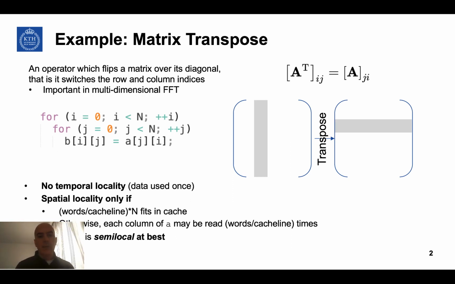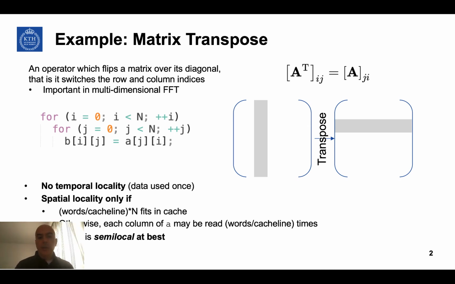So which kind of locality does this code have? Well, it does not have any temporal locality, since neither the B nor the A matrix is used after this simple calculation. So the data is only used once. There is a potential for spatial locality. Spatial locality is only achieved if one column of the matrix A fits into the cache.